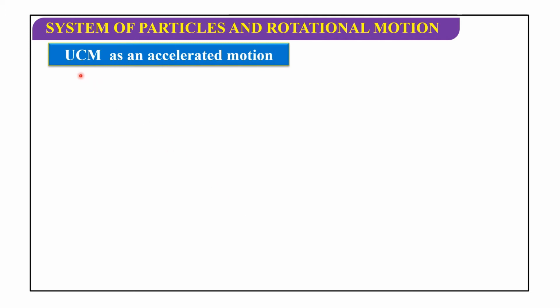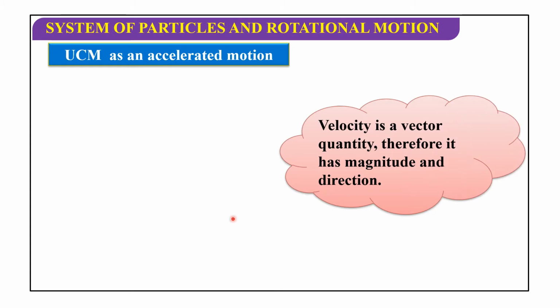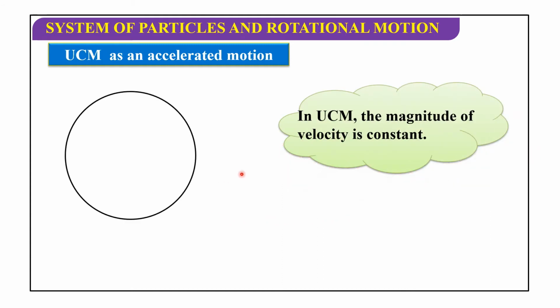Now, uniform circular motion as an accelerated motion. Velocity is a vector quantity, therefore it has magnitude and direction. In uniform circular motion, the magnitude of velocity is constant. See this, here we take a circle and this particle is moving along the circumference of the circle.